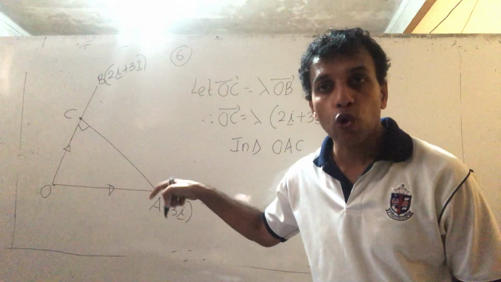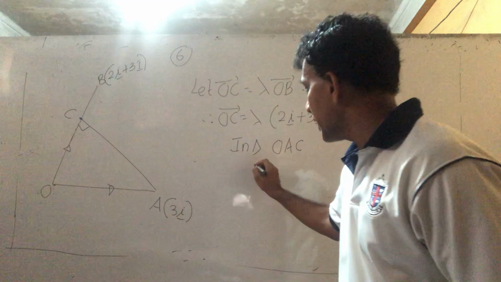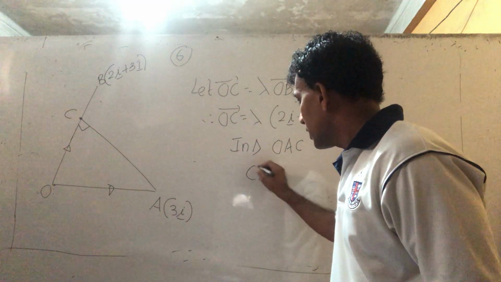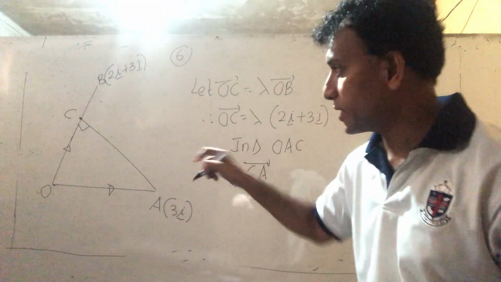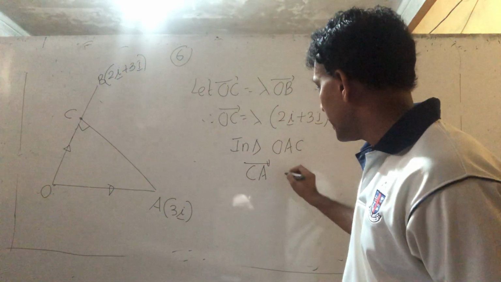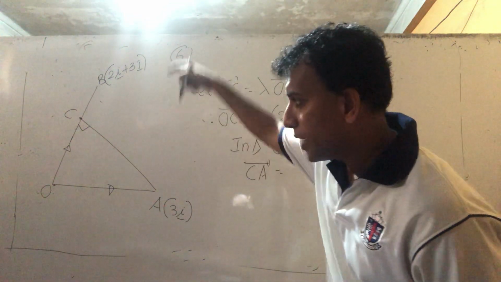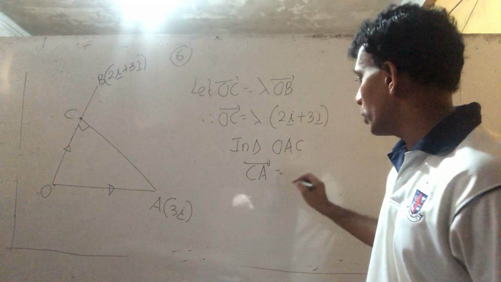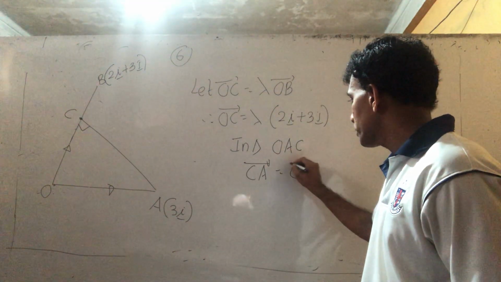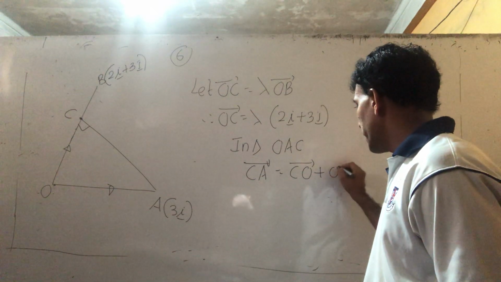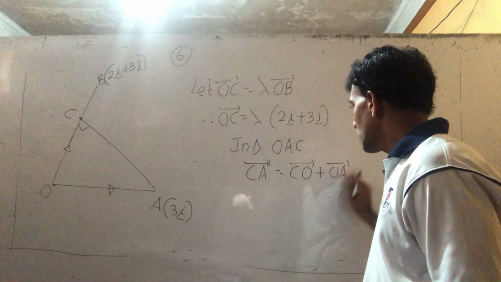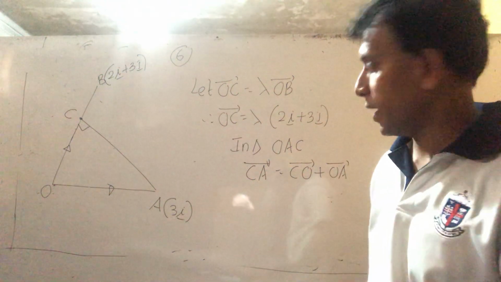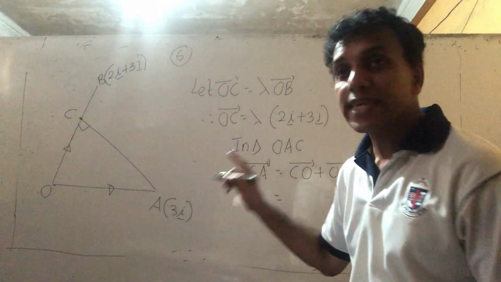In triangle OAC, what is vector CA? By triangle addition of vectors, CA is CO plus OA.